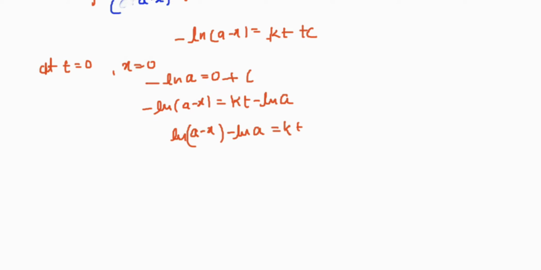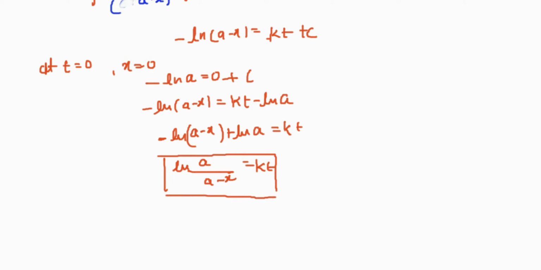So ln of a divided by (a minus x) equals kt. This is the integrated equation of first order kinetics, where a is the initial concentration of the reactant.